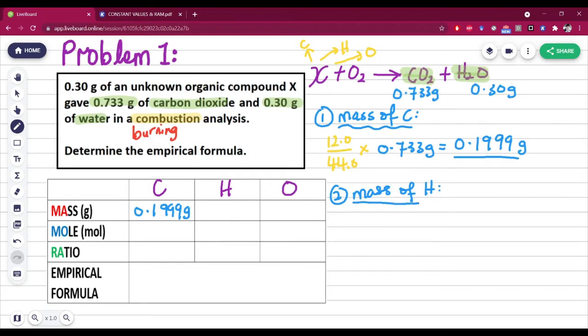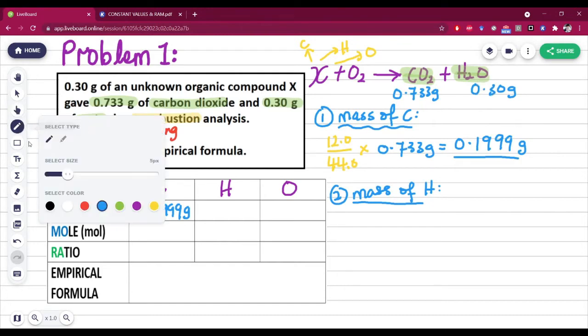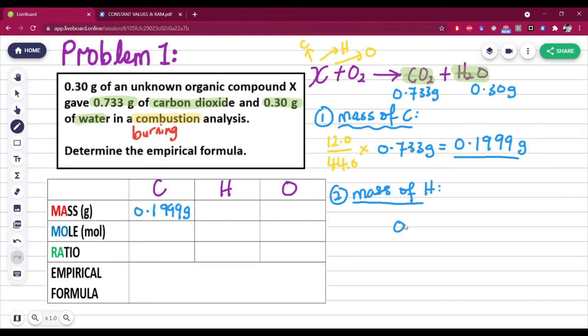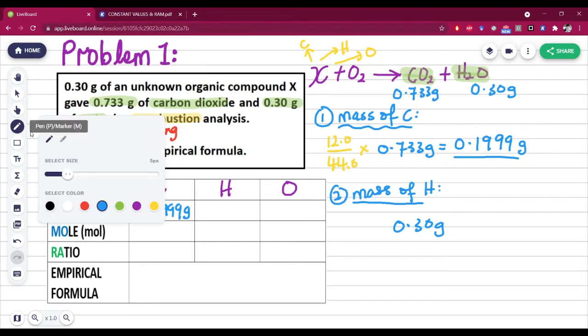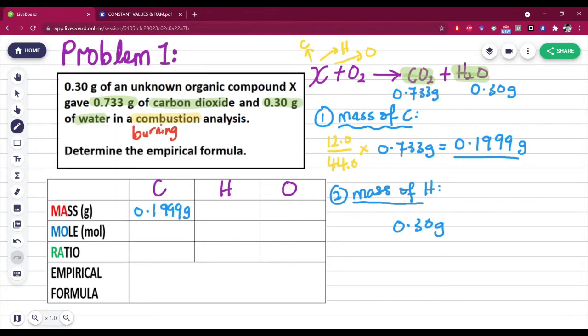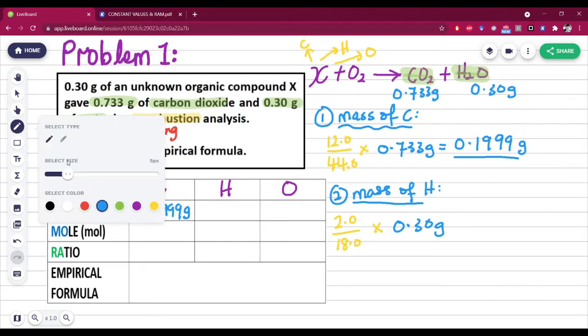So to find mass of hydrogen, we can find hydrogen in water. So we're going to do the same thing like what we have done for carbon. So we're going to write 0.30 grams. This time, the number that you're going to take is 2.0 over 18.0.